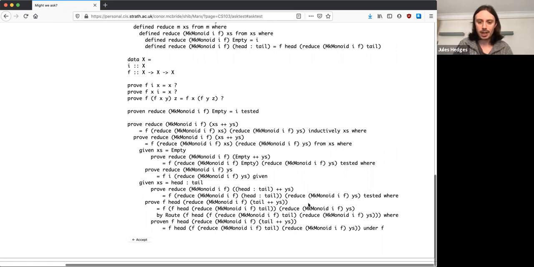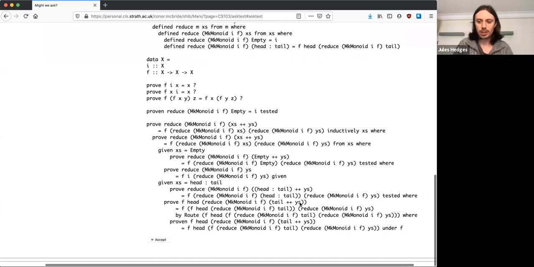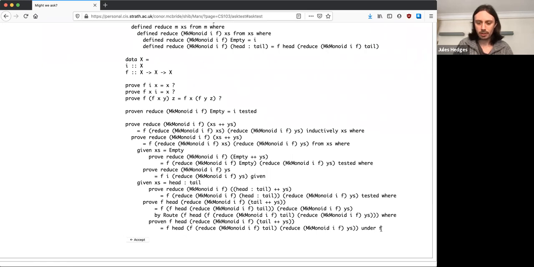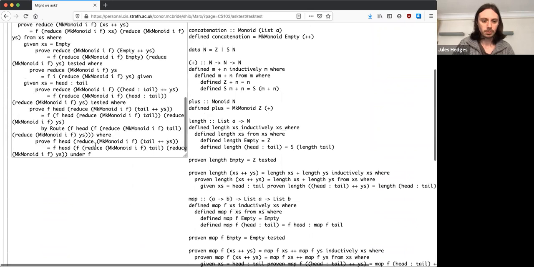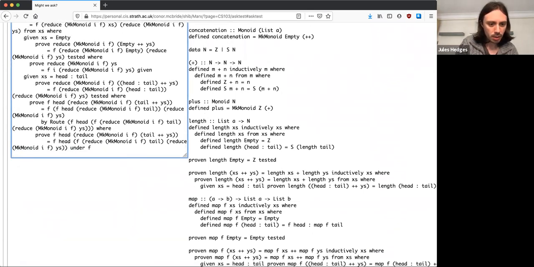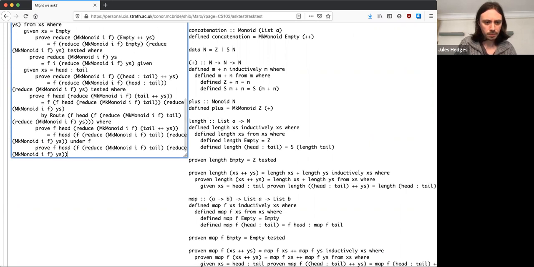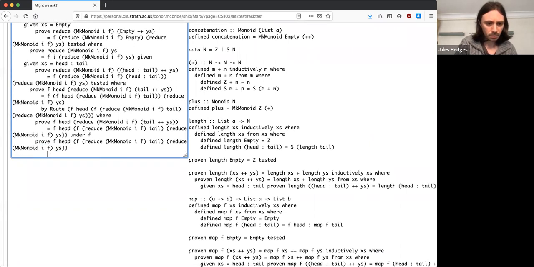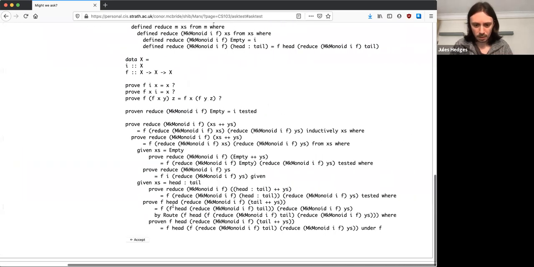So this under f has an invisible subgoal, which is just the inductive hypothesis, which is given. So I'll leave that. But there's another interesting subgoal of the by root. We need to prove that the thing that we're going by root of is equal to the right-hand side of this equation. So this goes here. So we need to prove that it equals this.